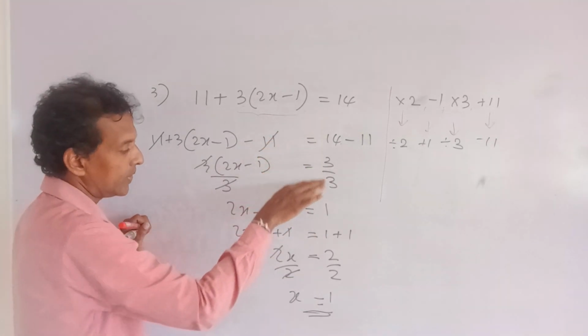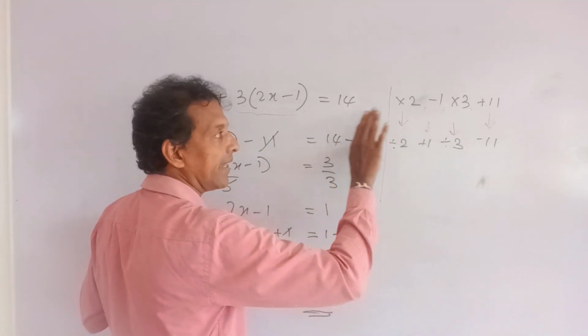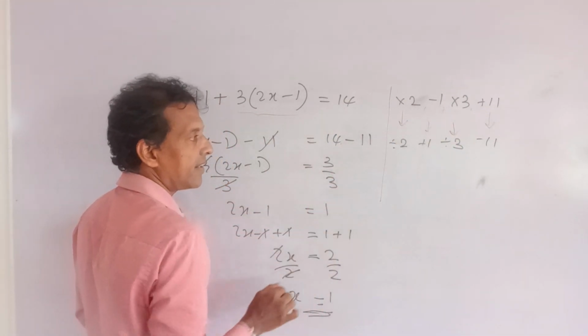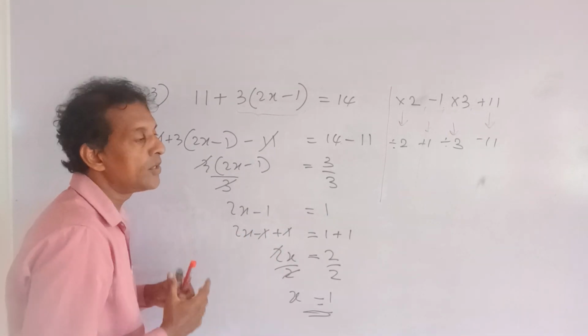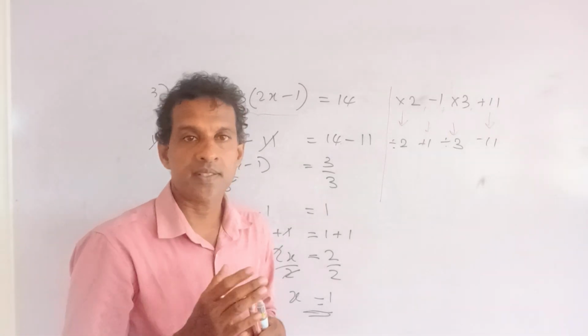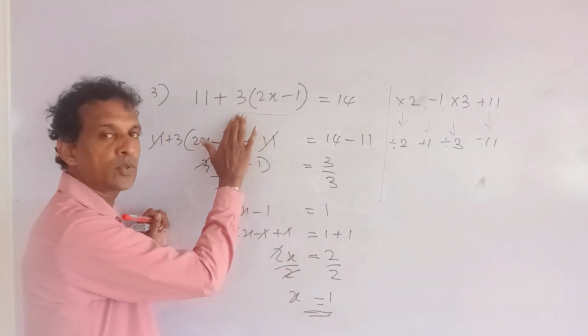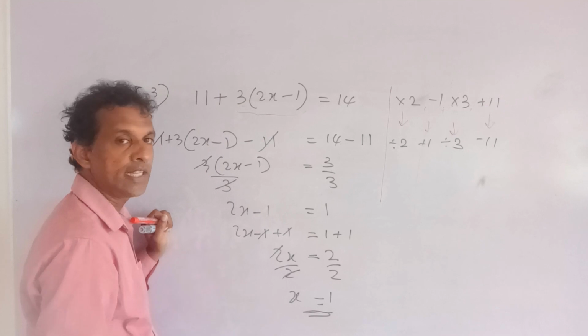So you can see, with one single method of writing the operations and using the inverse of that, how easy it is to obtain the answers. Right, now I'll take you to another interesting type of linear equation here.